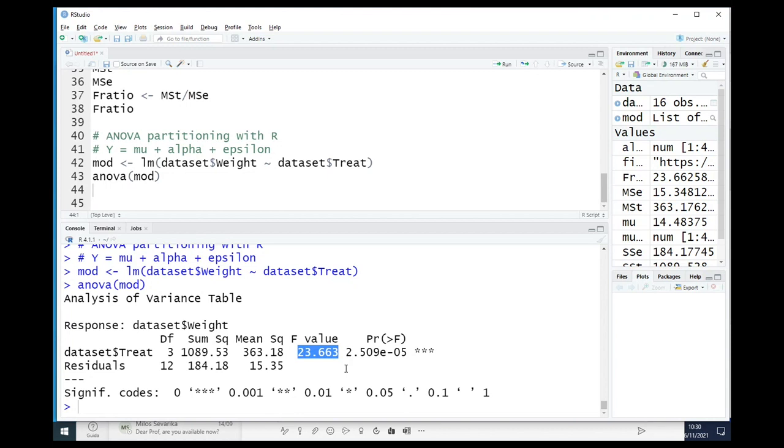We will do the partitioning for more complex models, but the technique is always the same. And we will no longer do hand calculations now, because I just wanted to show what's behind. Now, the way to do a partitioning is this one. Fit a model and use the anova function. Okay?